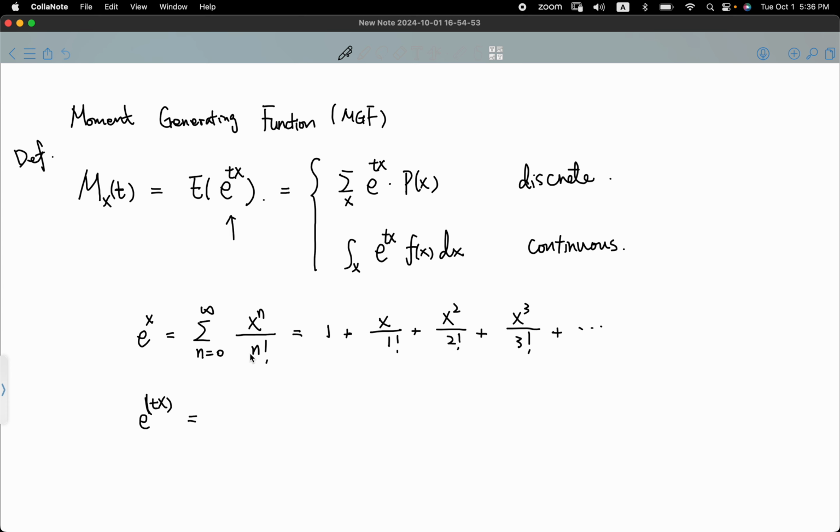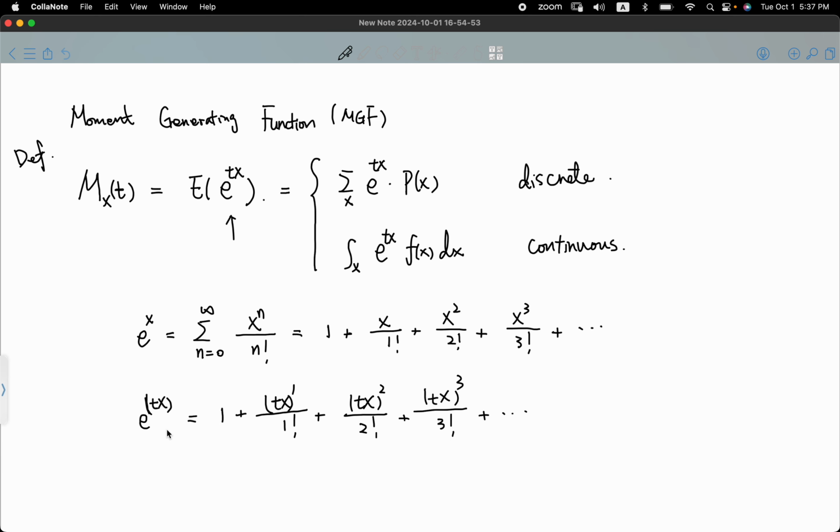Again, for the first term, when n equals 0, the first term is equal to 1. When n equals 1, you will have tx raised to the power of 1 over 1 factorial. For the second term, you have tx raised to the power of 2 over 2 factorial, plus tx raised to the power of 3 over 3 factorial, and then the infinite sum.